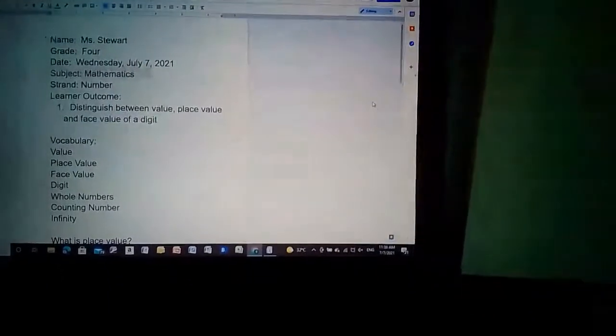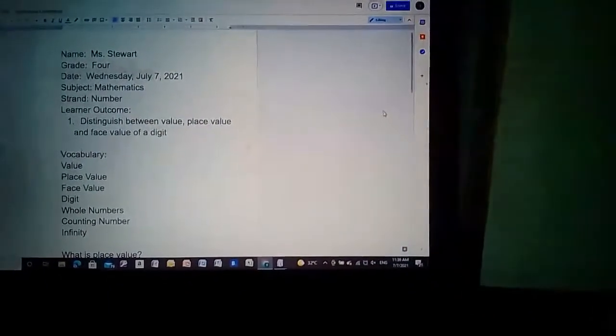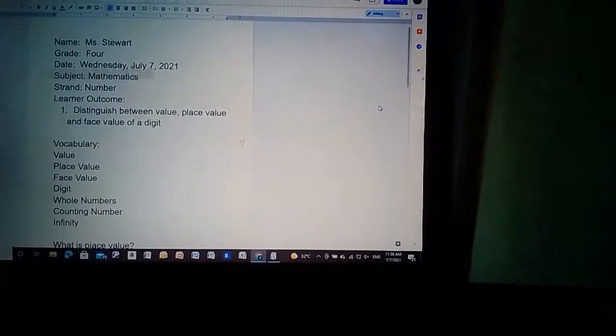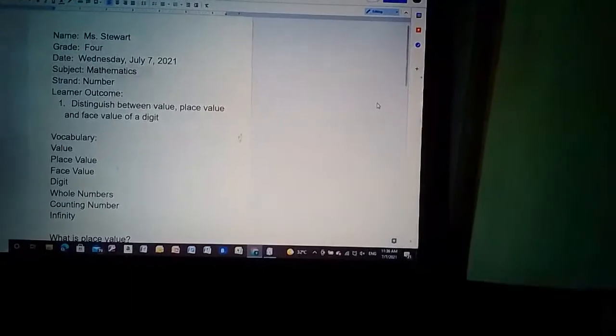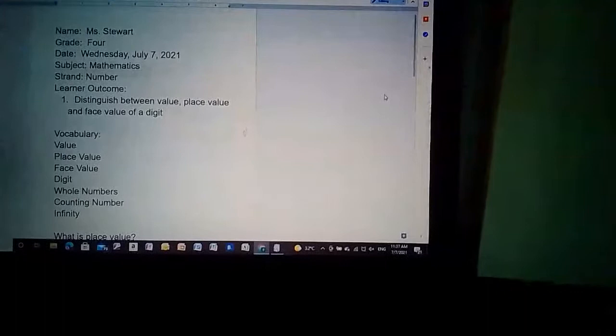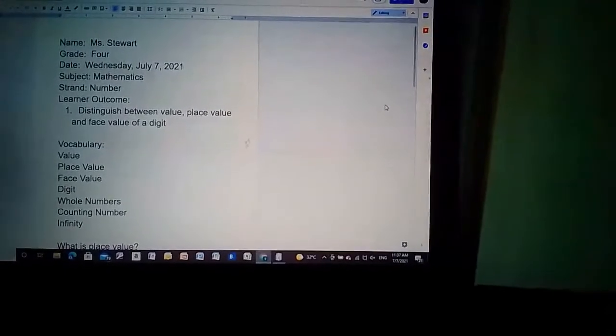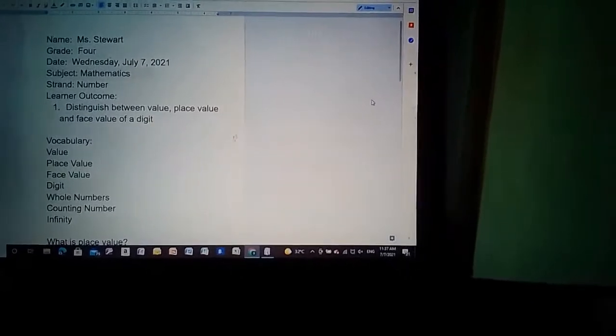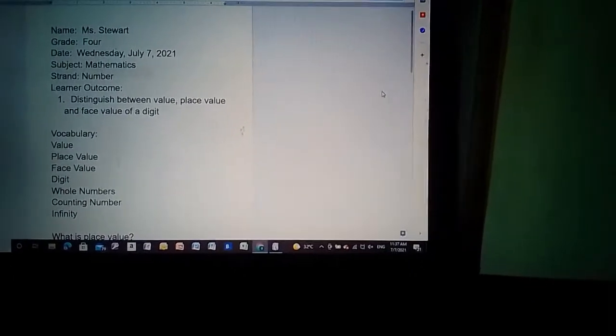And digit is very important in numbers because digits are what we use to make up numbers. There are 10 digits that we use to make up numbers that go on to infinity. What do I mean by infinity?